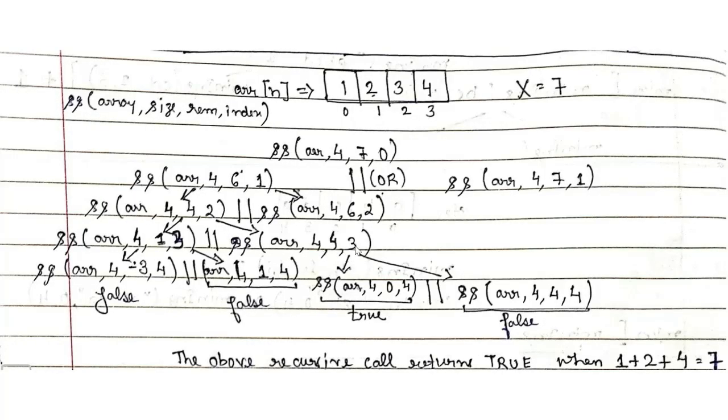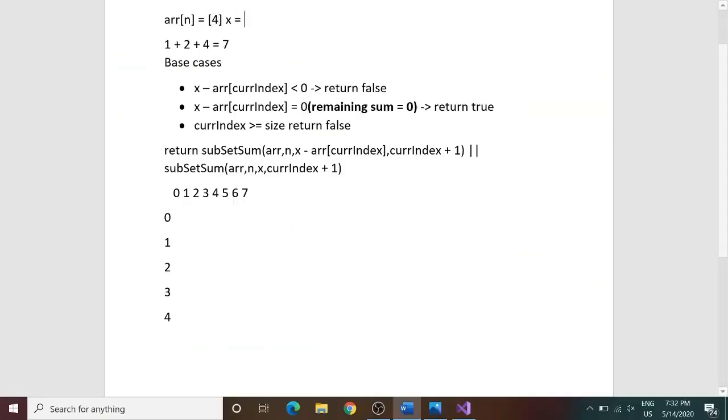So what does this subproblem say? It says that I am left with just a single element because there is nothing after index 3. So starting from index 3 till the end of the array, it's only a single element. Can I make a sum of 4 or not? Is there any subset of this element which sums up to 4? I need to return a boolean. Is it possible or not? How many elements do I have?